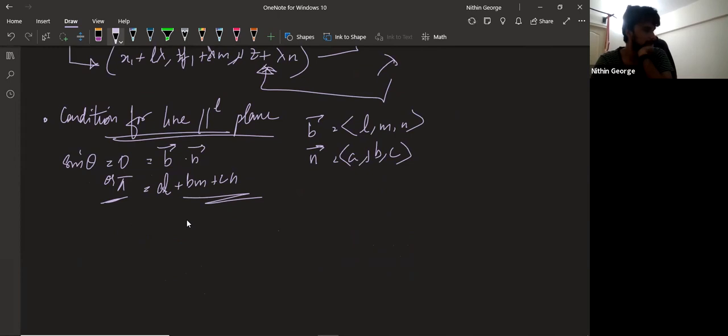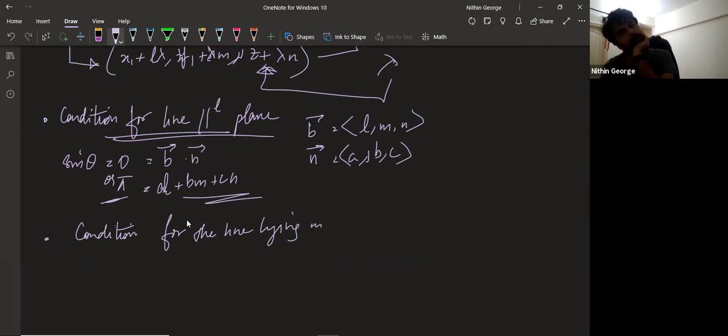All right. Now, what is the condition for the line to be lying in the plane? Here, the line is parallel to the plane. It need not lie in the plane.